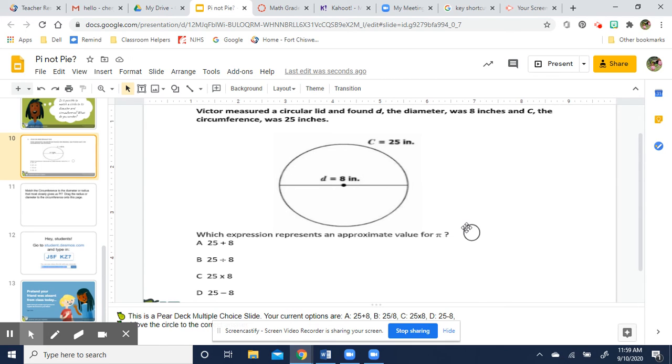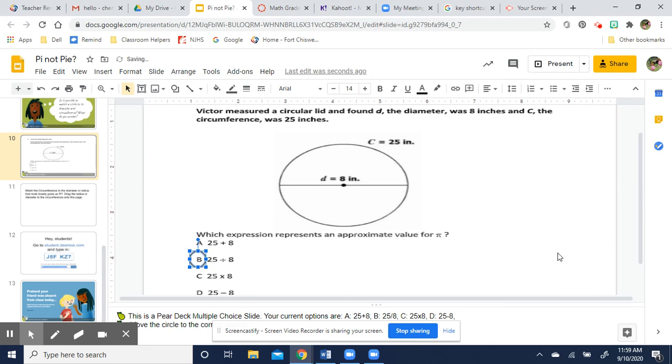We can eliminate plus because we're not dividing. We can eliminate multiplying because we're not dividing. And we can eliminate subtraction because it's not division. So I would move my circle over here so that I'm showing B as my answer.